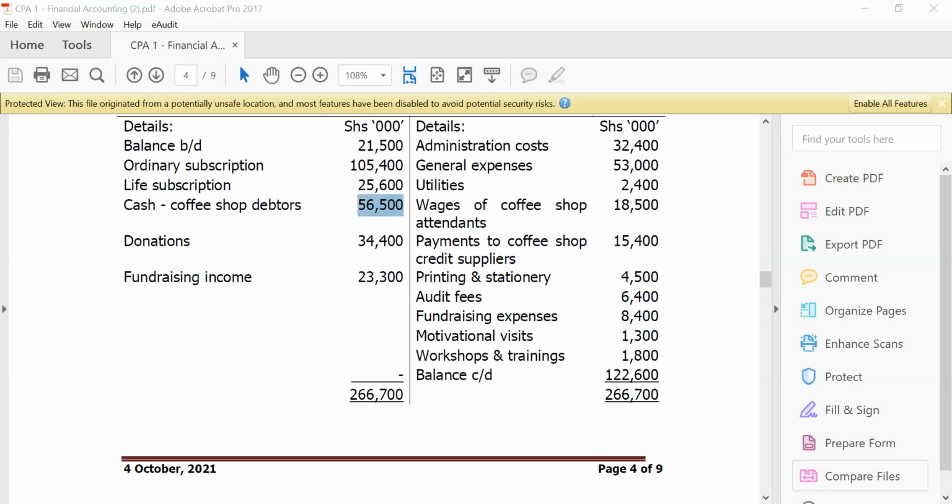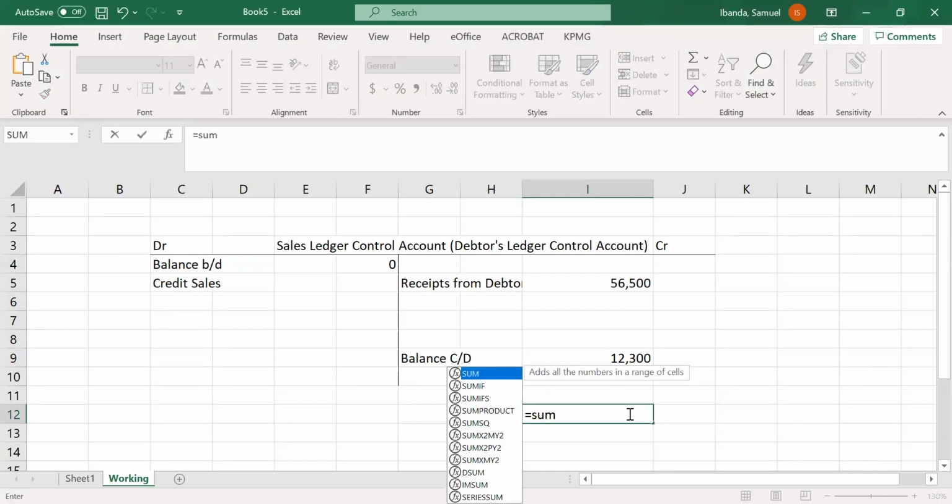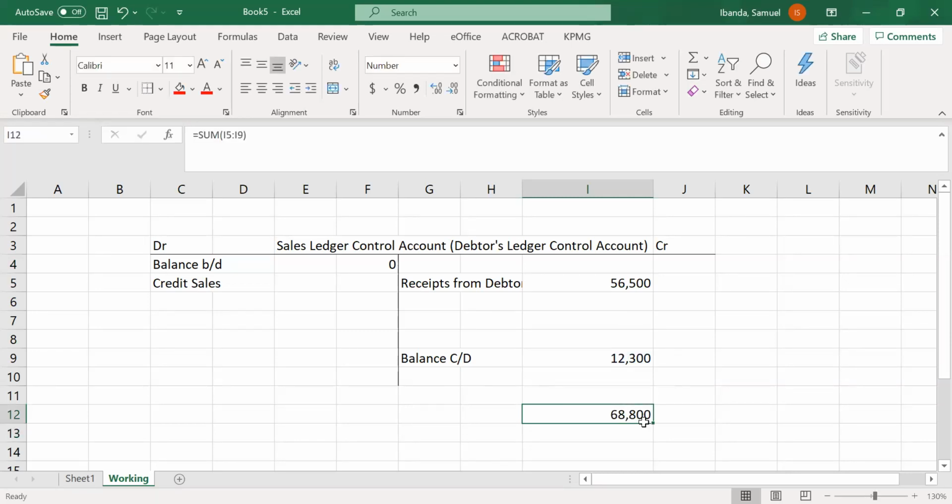So once I have that, I now add the two sides. When you add them, we get 68,800. So that will be the same total on this side.